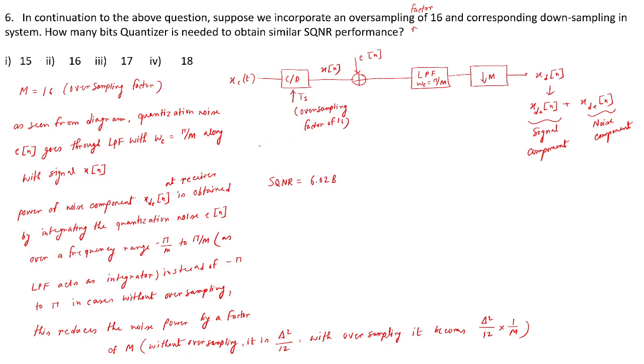So okay, let us first denote b1 plus 1 be the number of bits required in the quantizer.